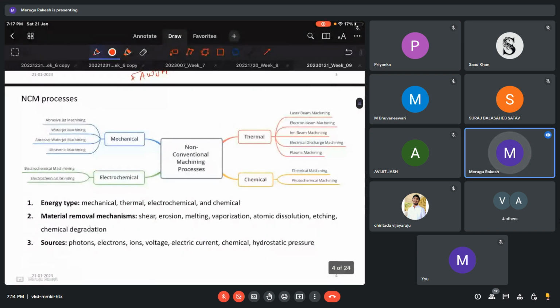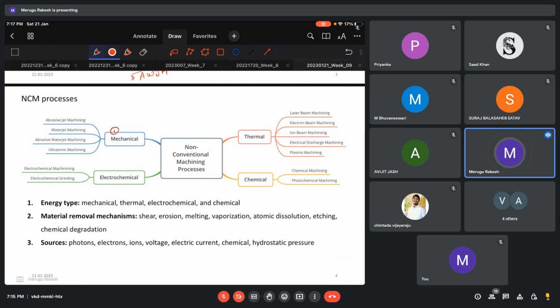So this is the general classification, you can say, based upon the energy that we are using. Let us come from the left side. The first one is the mechanical type of energy, which covers abrasive water jet machining or ultrasonic machining. Then comes the electrochemical, that is electrochemical grinding or electrochemical machining.